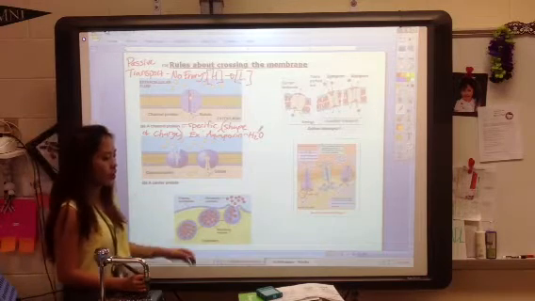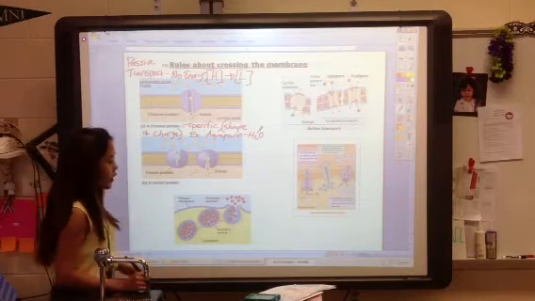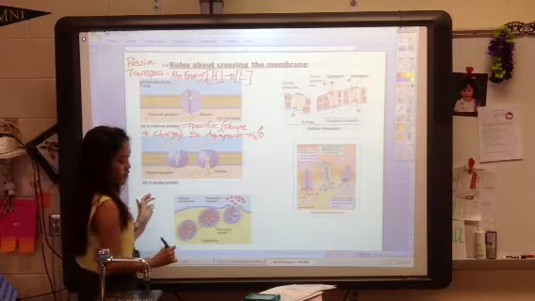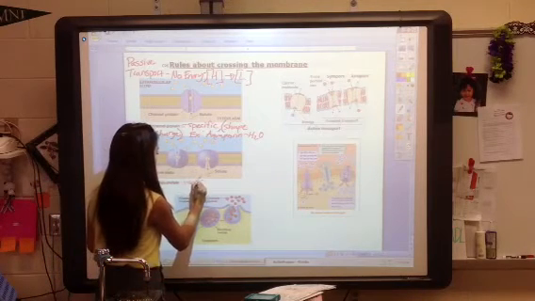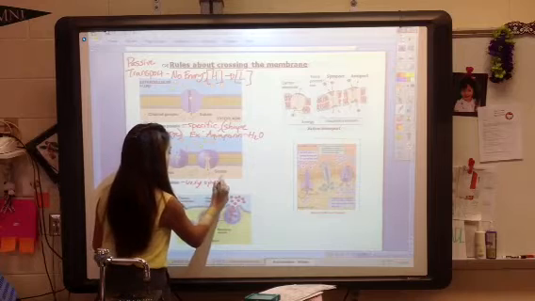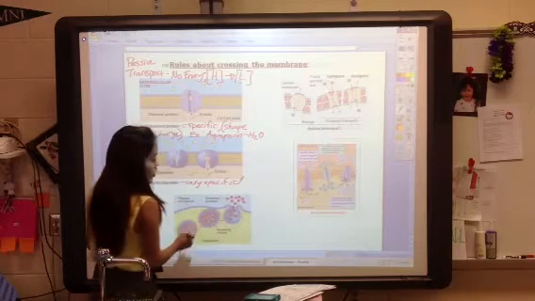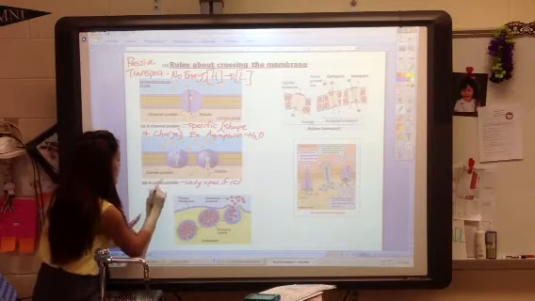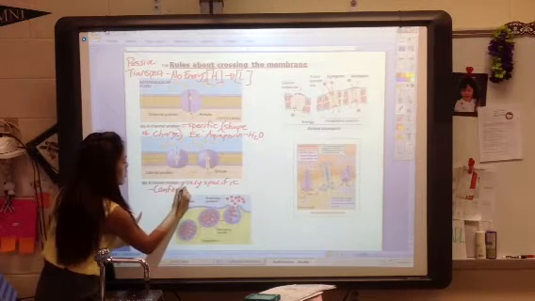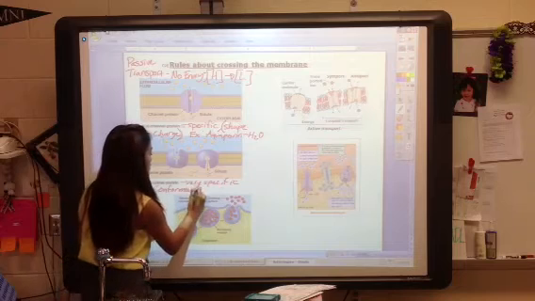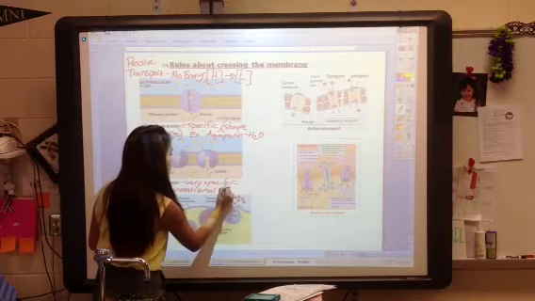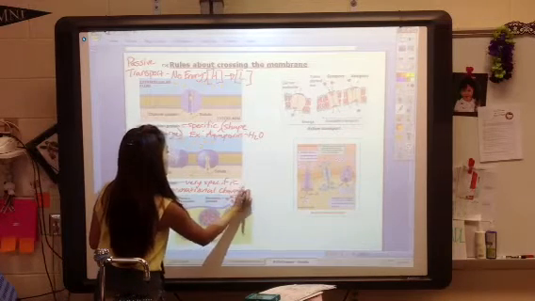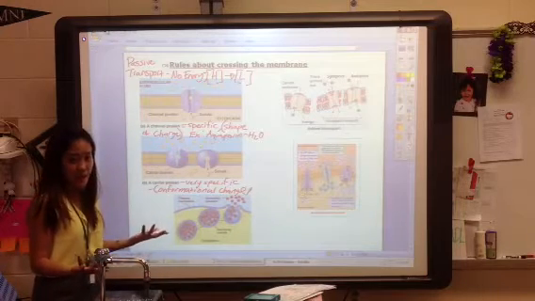Then you have your carrier proteins, which are also very specific. Carrier proteins have a conformational change. What does that mean?